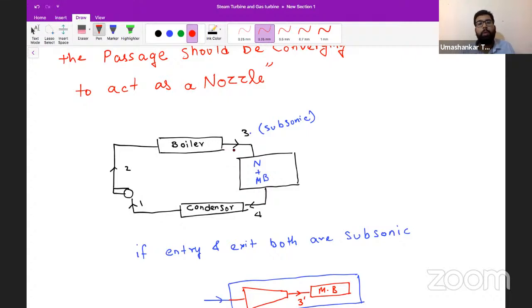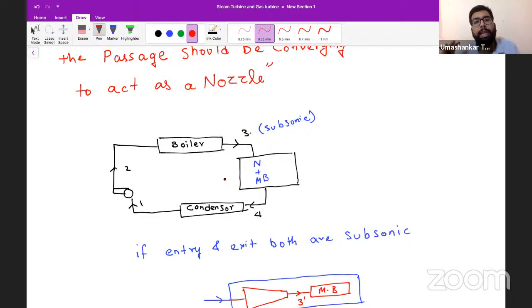In the pump, boiler and condenser, the velocity does not increase so much that it goes to a supersonic state, because supersonic means it must be greater than the velocity of sound. So we do not attain this much velocity after the boiler in general.